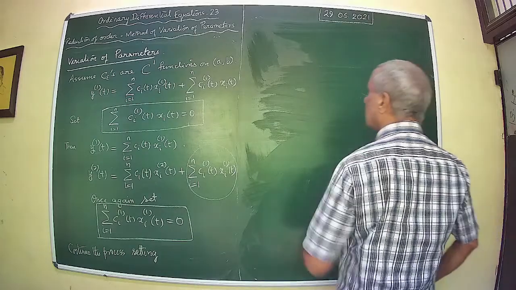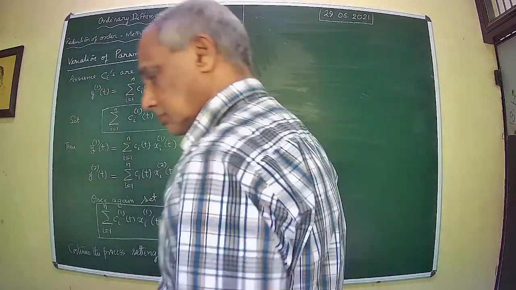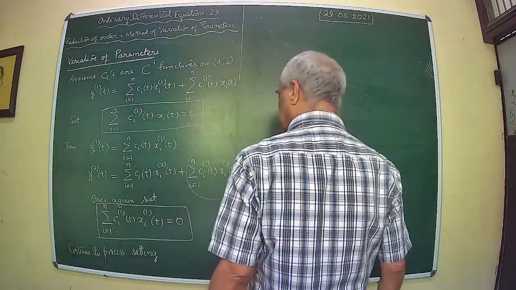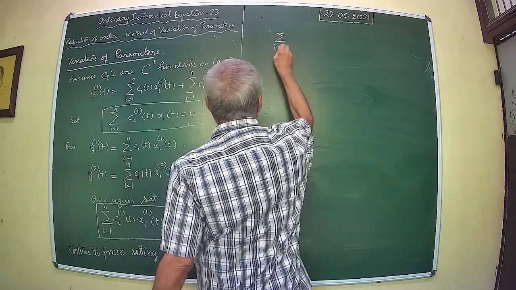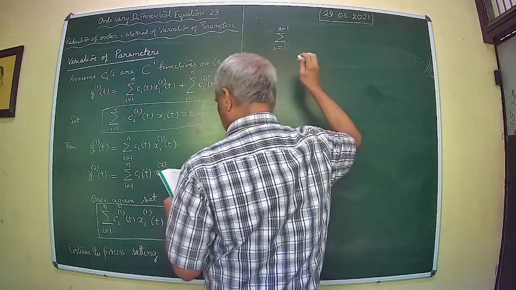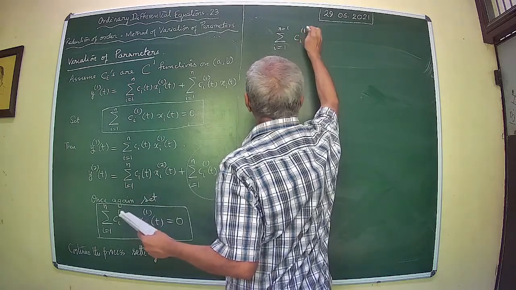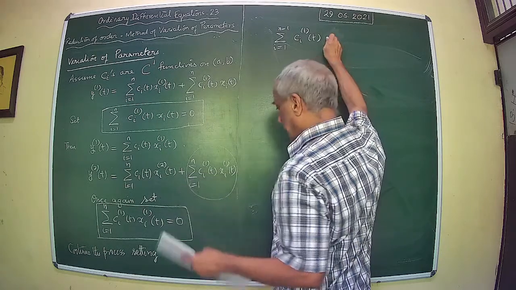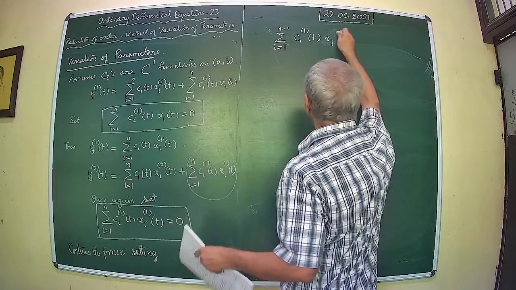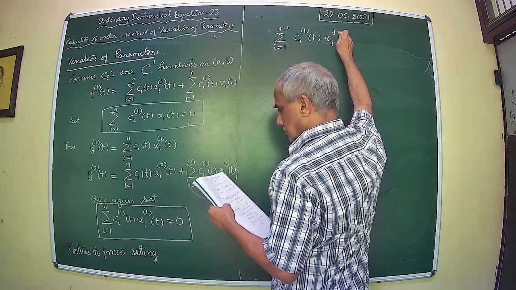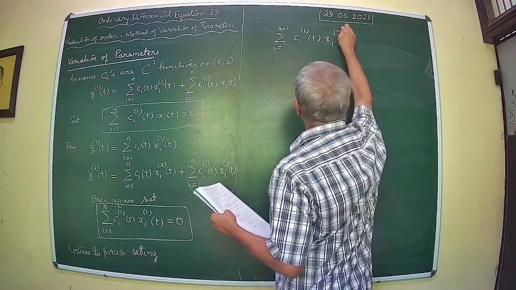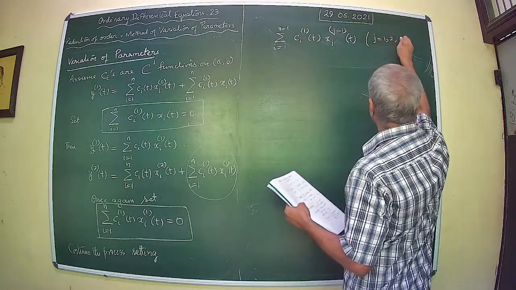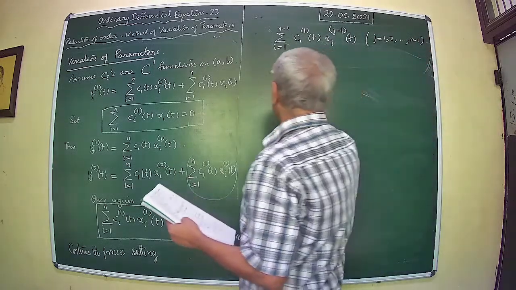Let me write down the equations. Equations are, for j equal to 0 up to n minus 2. Now compute.